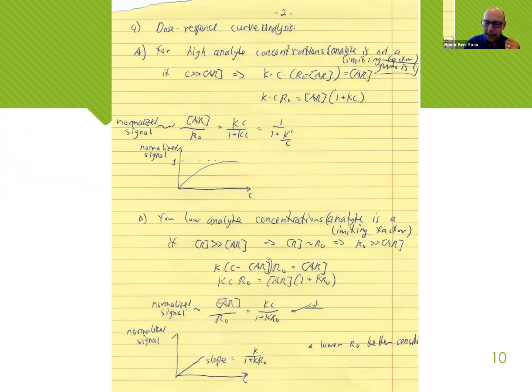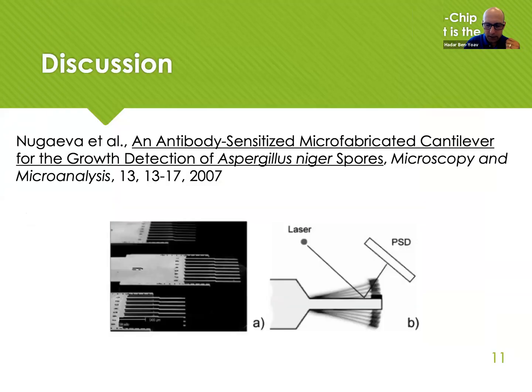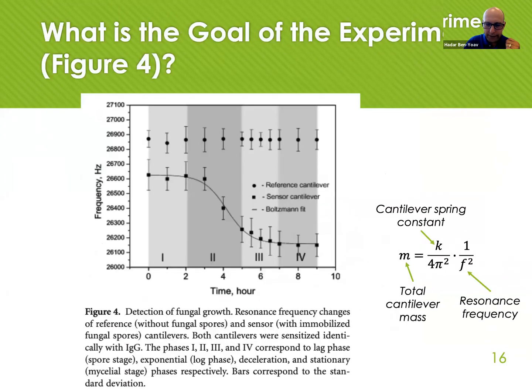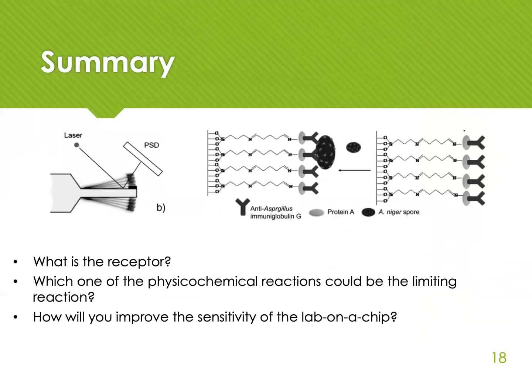So what we actually need is lower R0, lower receptors. So if we decrease the concentration of the receptor, we'll get a much more sensitive sensor to Aspergillus niger. Okay, any questions on this slide, on the summary or any of the slides?